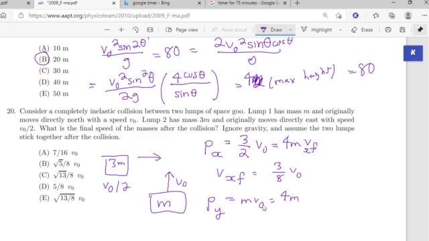And let's close vy naught and vx naught to avoid confusion. 4m times vy final, which then would be, actually no, I don't need these x naught and y naught because these don't have components. Okay. So then we just get v naught over 4. So vy is equal to v naught over 4.